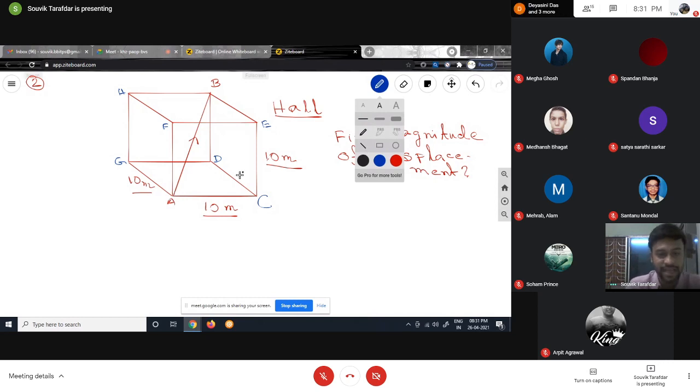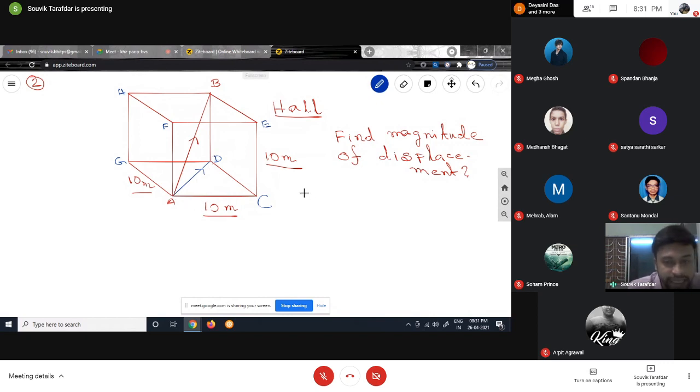Let me show you. If I draw another line from A to D, can you see the blue one from A to D? A to D is also a diagonal.